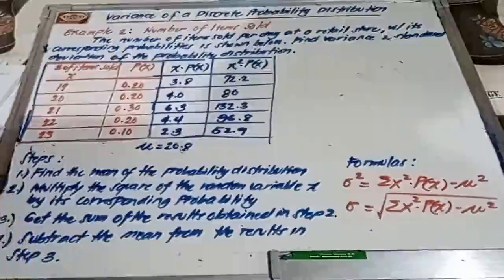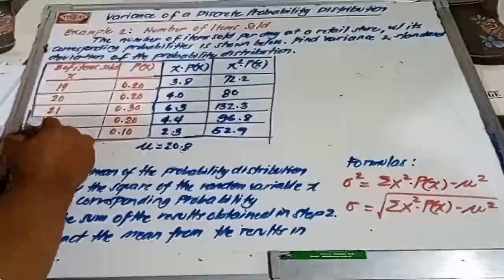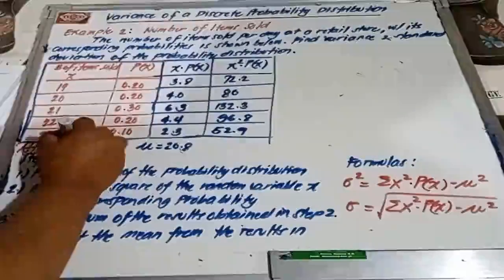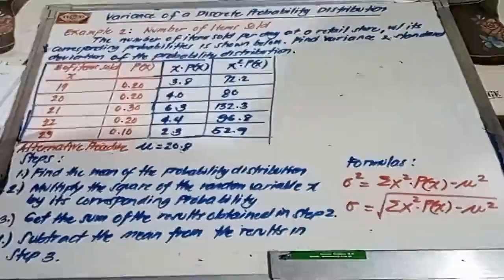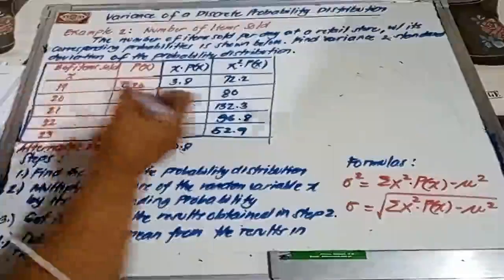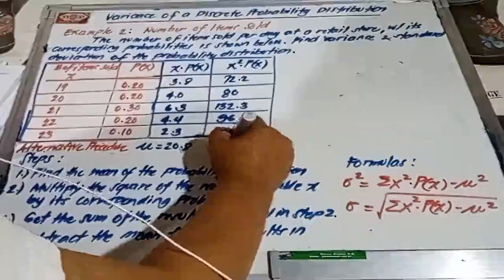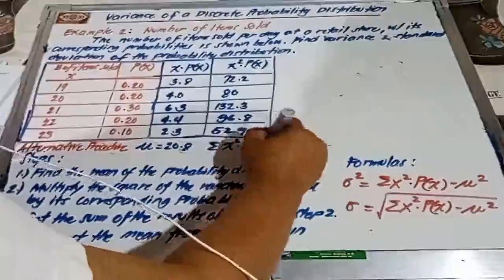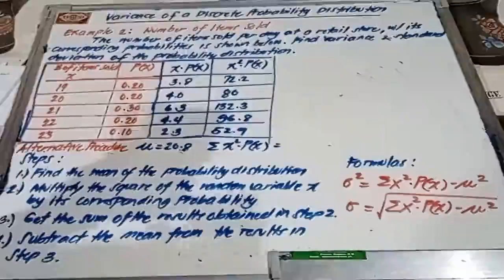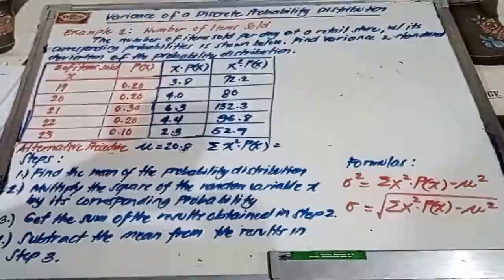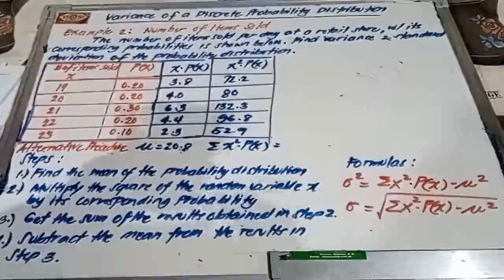Ito yung ating alternative procedure. And then, i-add down natin to. Ito yung summation of x squared times probability of x. So, yun ay that's equal to 72.2 plus 80 plus 132.3 plus 96.8 plus 52.9.